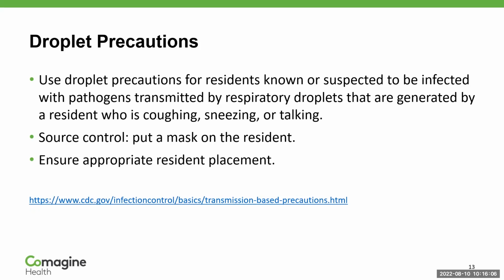So if somebody has a disease that is spread by droplet, you don't want to put them in a room with someone who is illness free. So make sure you really evaluate what they have, what's going on, and try to isolate them from others. Or, as we all know from our COVID experiences, we learned how to cohort. So put people with the same illness together. Next slide.